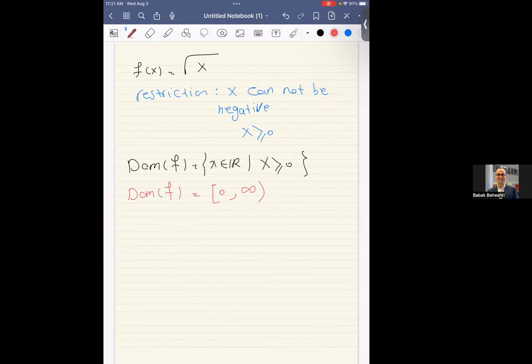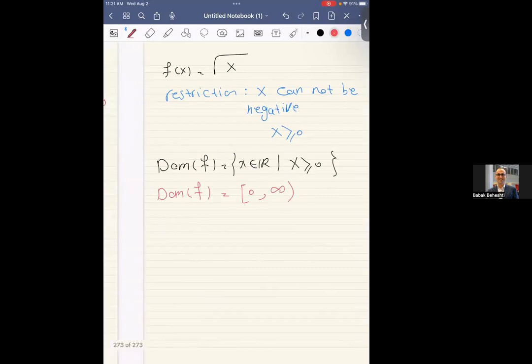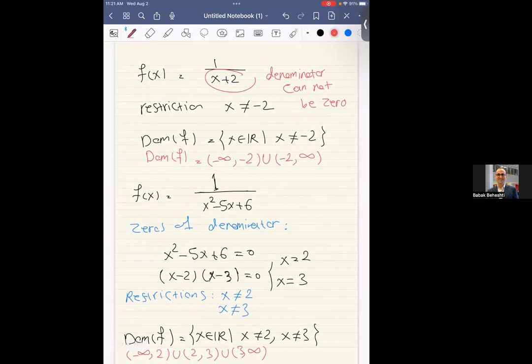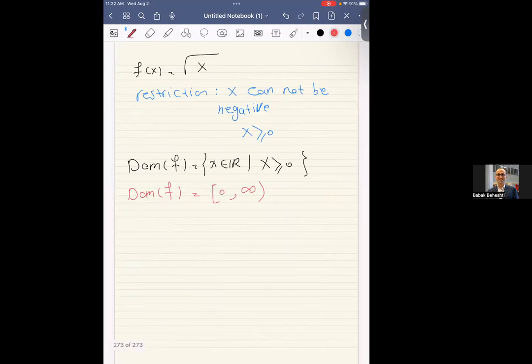It includes 0. But an open bracket, like at the bottom of this page, means it doesn't include, say, 2 or 3. So the inclusive one is the square bracket, and the other one is the curvy one.